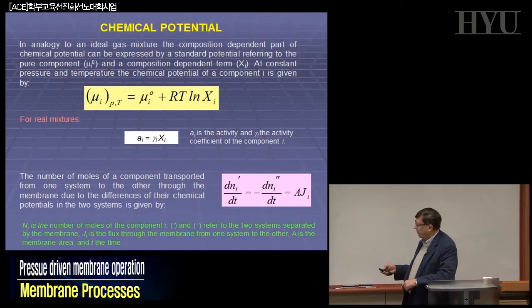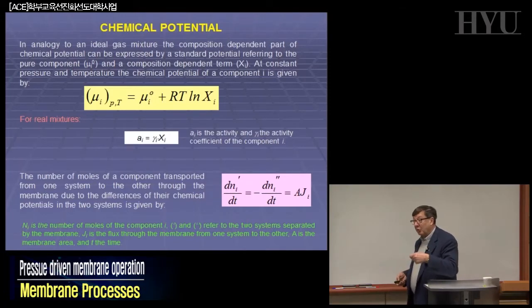So if you want to talk about the concentration, it can be utilized in this expression of the chemical potential only if you are in ideal solution. If you are not in ideal solution, which is the case, for example, when we are working at high concentration, when we will discuss membrane distillation, I will show you immediately the expression that correlates activity coefficient with concentration, because in membrane distillation you are working at a very high concentration, and if you want to measure the driving force using concentration, you make significant mistakes.